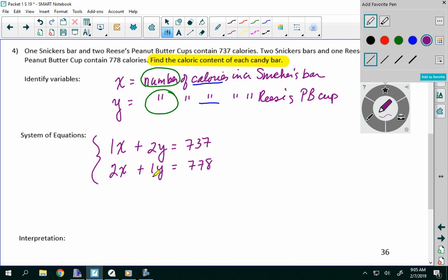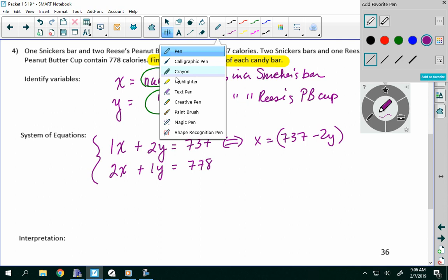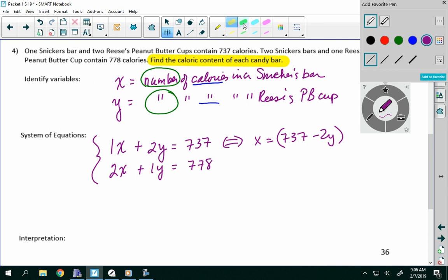So x equals 737 minus 2y. So I just solved this first equation for x by subtracting 2y from both sides. Now, everywhere that I see x in my second equation, I will replace it with 737 minus 2y.